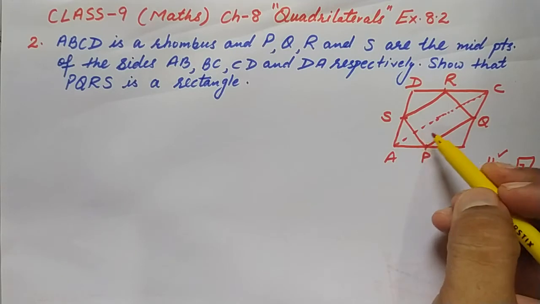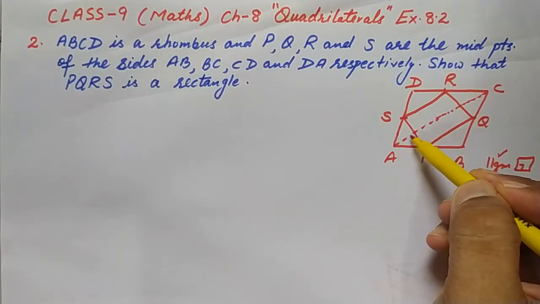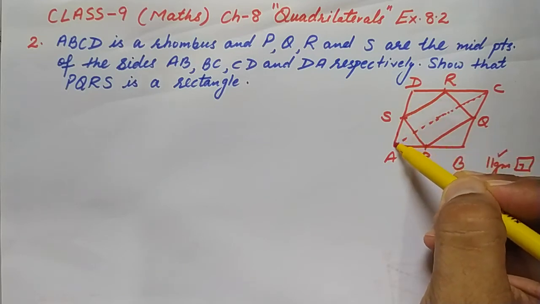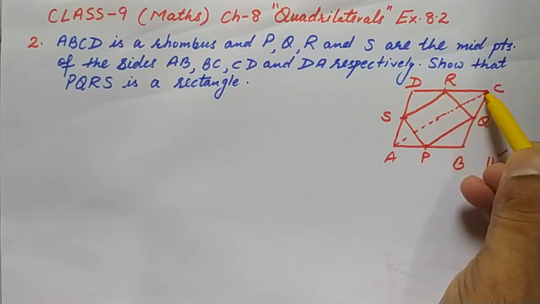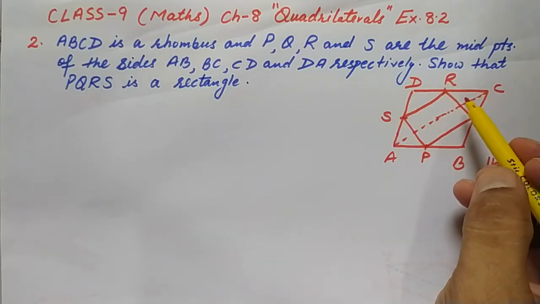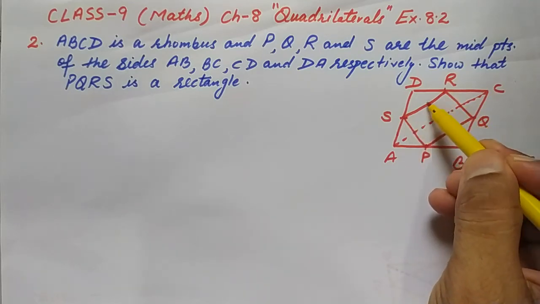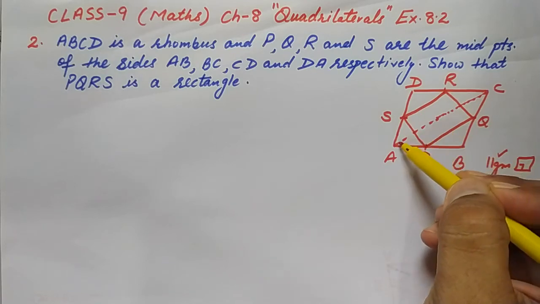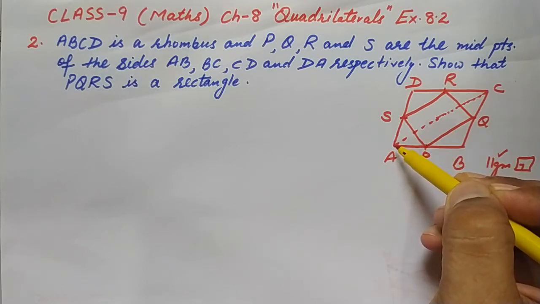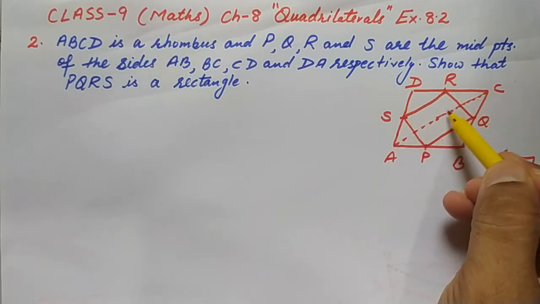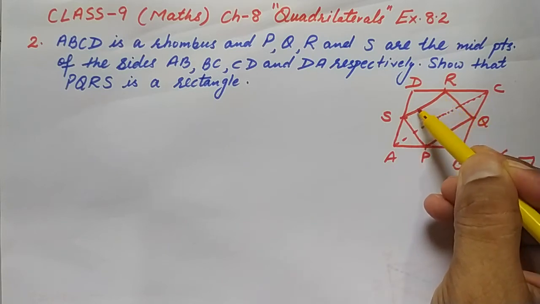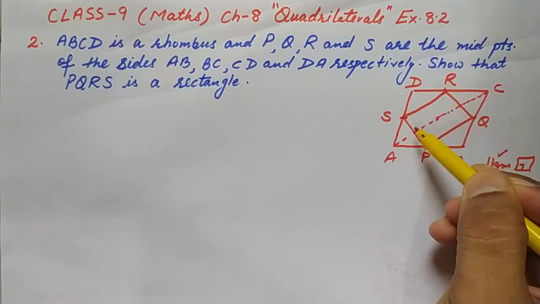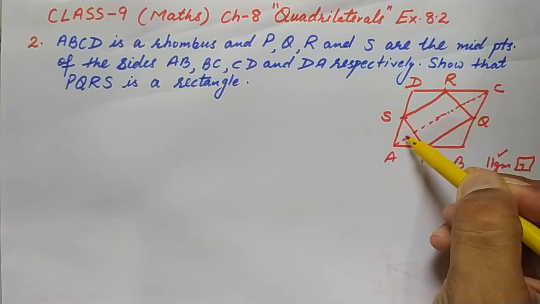See here, in triangle ACD, S is the midpoint of AD and R is the midpoint of CD. So by the midpoint theorem, SR will be parallel to AC and SR will be half of AC. The midpoint theorem says that in a triangle, the line segment joining the midpoints of two sides is always parallel to the third side and half of it.